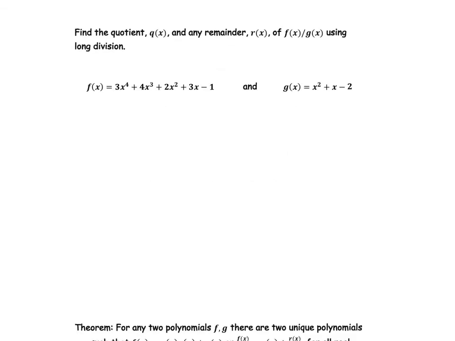All right, let's get started by visiting this idea of long division. Now, long division with polynomials is going to be used to expose the zeros or roots or linear factors of a polynomial. But in this case, we're going to keep it simple and just start with the basics of long division.